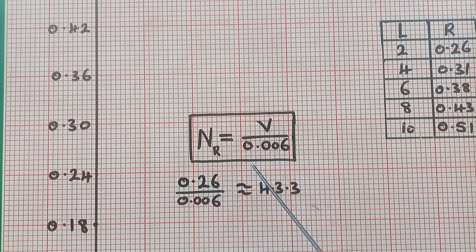If this is done, the answer will be equal to 43.3 approximately. What does this mean? It means to locate this 0.26 along this axis, count 43.3 small boxes.